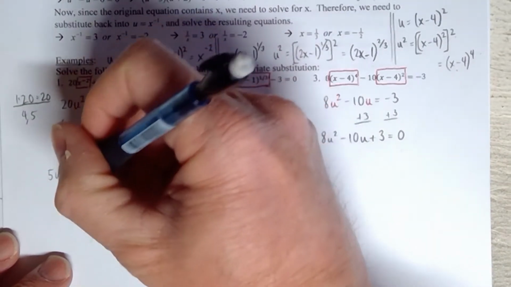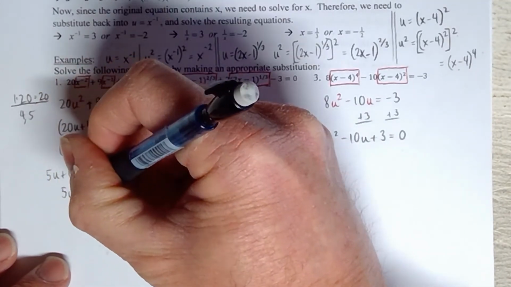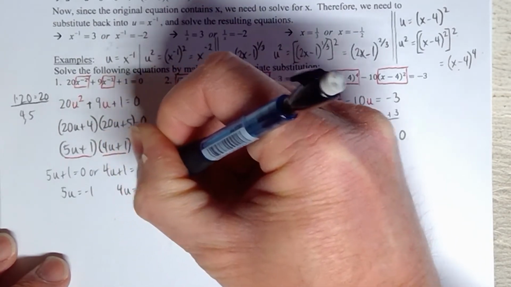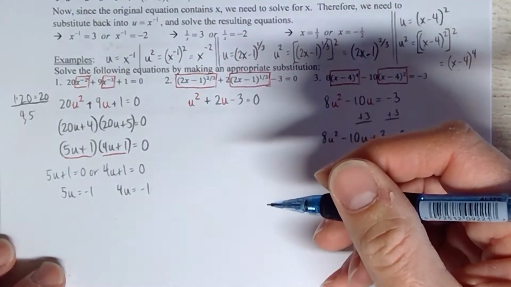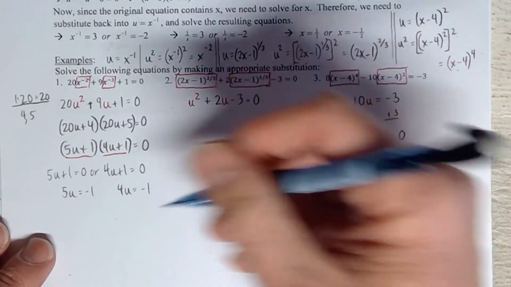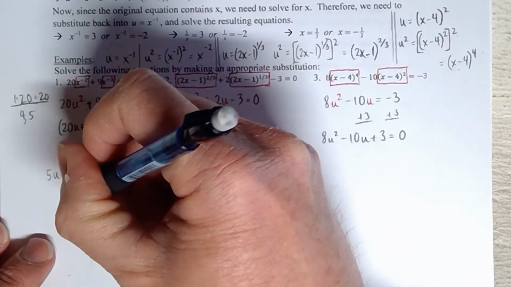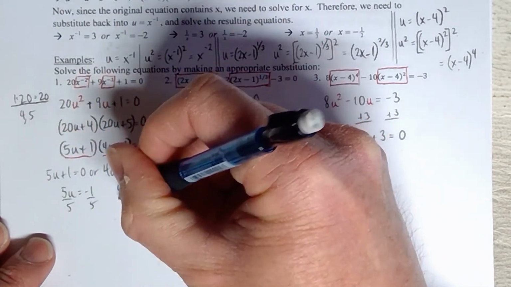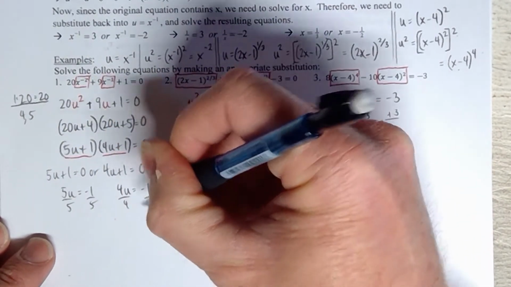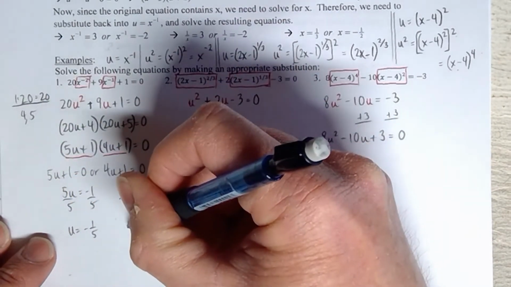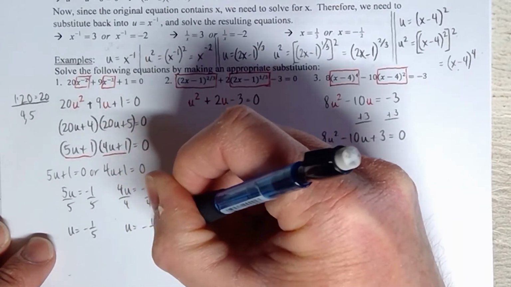Well, we need to move the 1 over since these are linear equations now on this step. Again, this is all the stuff we saw in 1.4 and a little bit in the earlier part of this chapter as well. If we divide out the 5 here and the 4 here, we've got what 2 answers here? We've got negative 1/5 and negative 1/4.